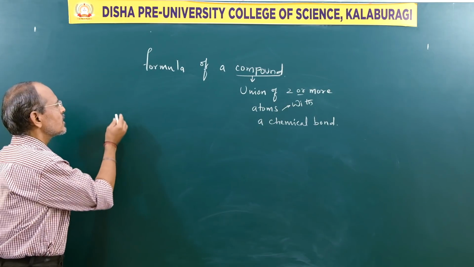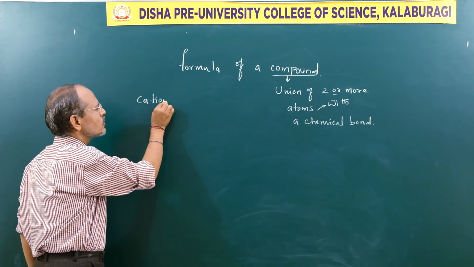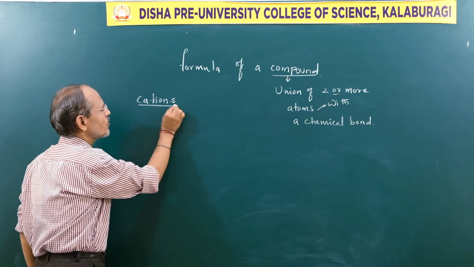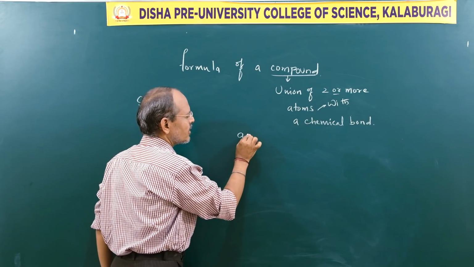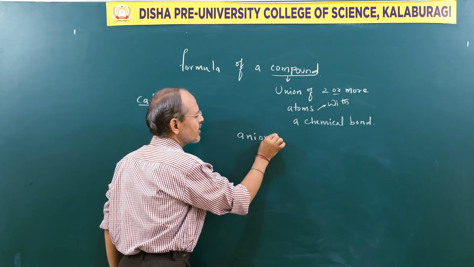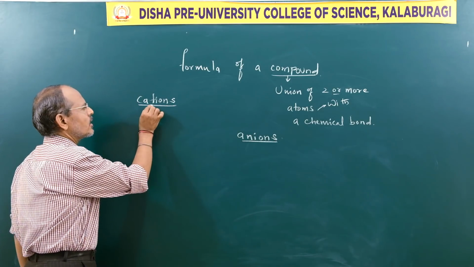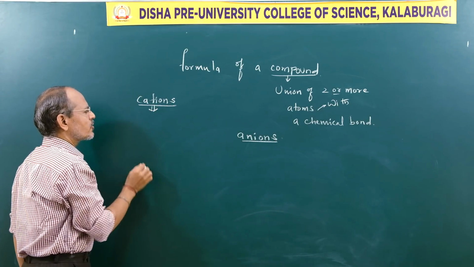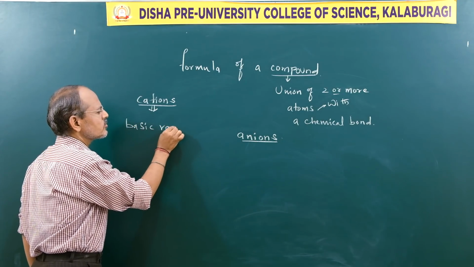Now, here we know already there are two types of ions. One we call as cations and another one we call it as anions. Cations are also called as basic radicals.